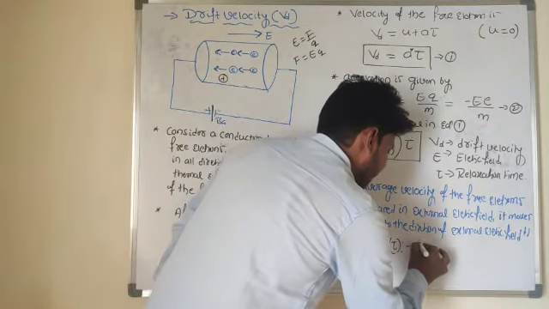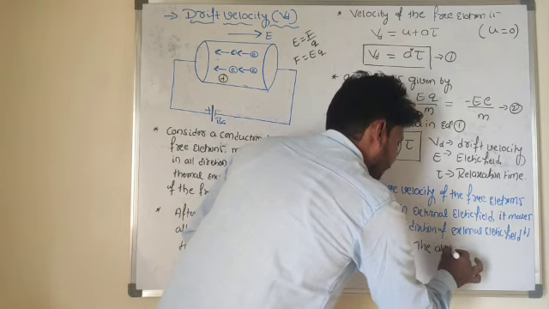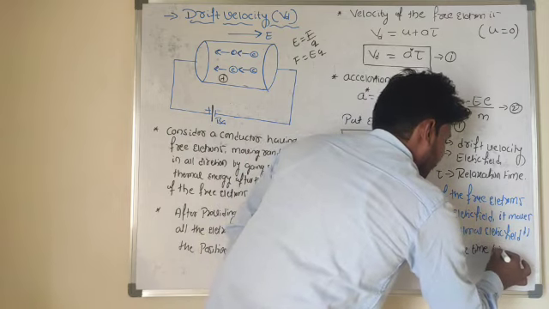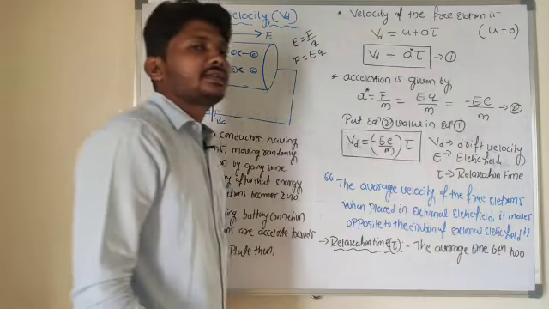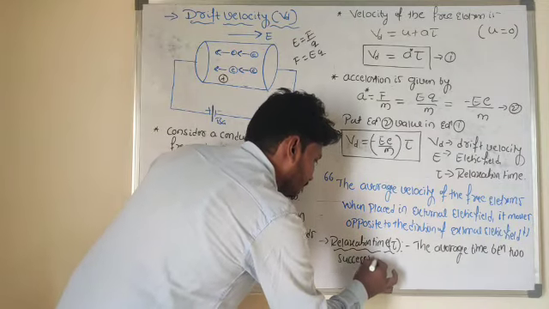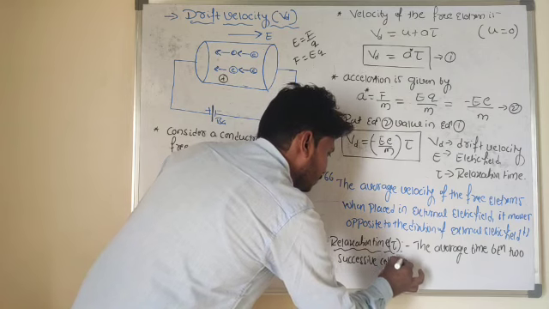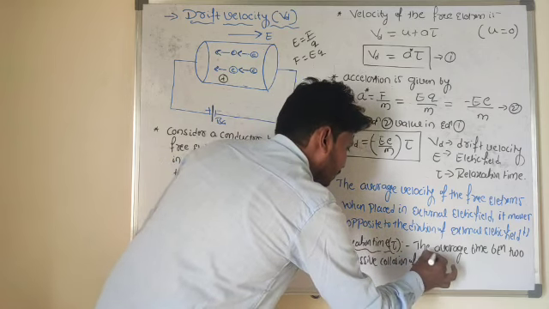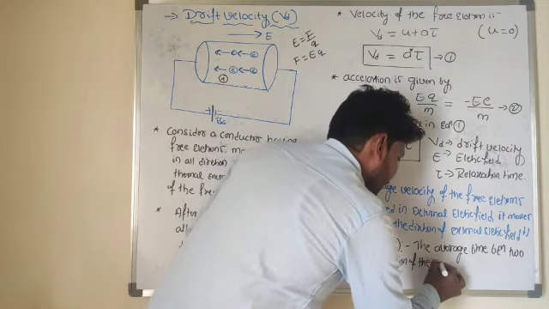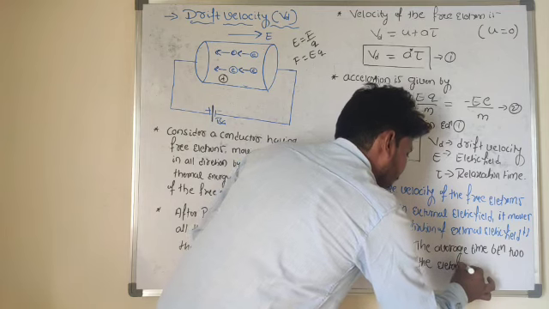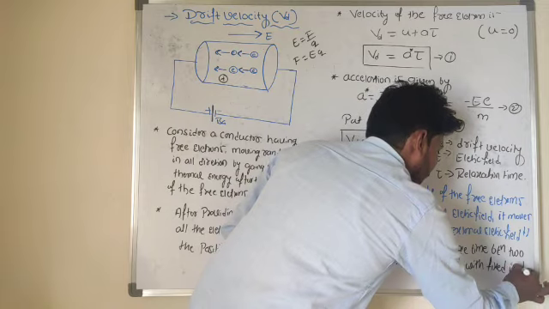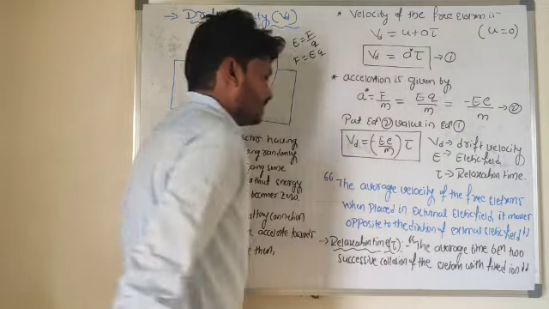So the average time between two successive collisions of the electron with fixed ion is known as relaxation time.